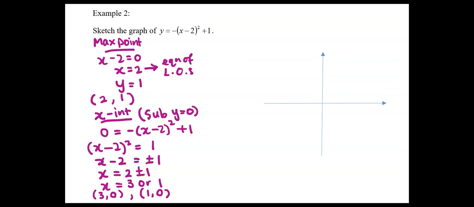So that's for the x-intercept. You measure using a ruler, maybe you measure 1 cm, and another 3 cm over here, and you can sketch. But again, you may need more points for a slightly better sketch, so you will need to find the y-intercept as well.